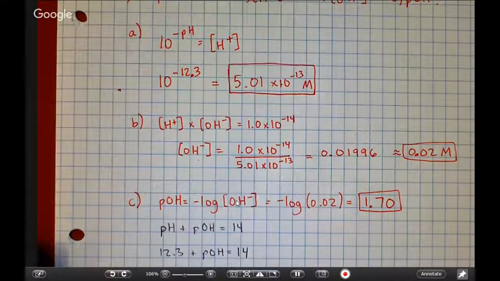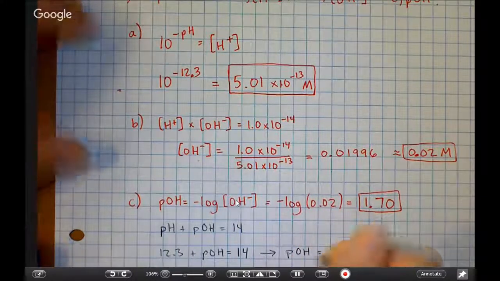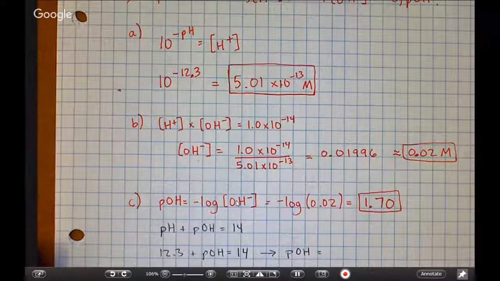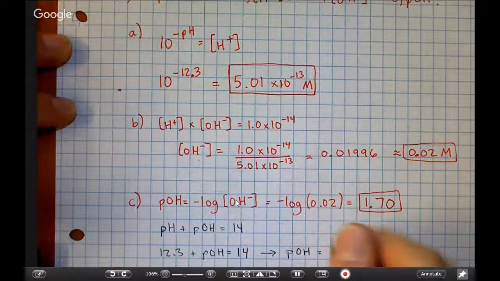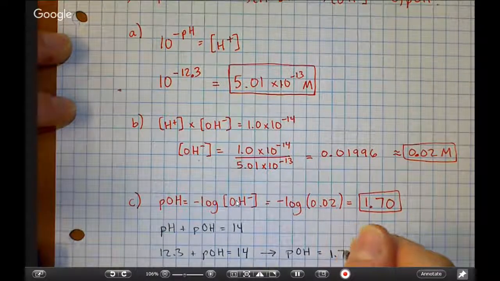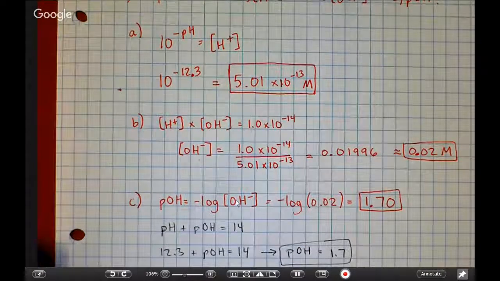So if we plug that into that equation, then pOH would come out to what? What's 14 minus 12.3? 1.7. Yep. So we could have solved for pOH because we were given pH.